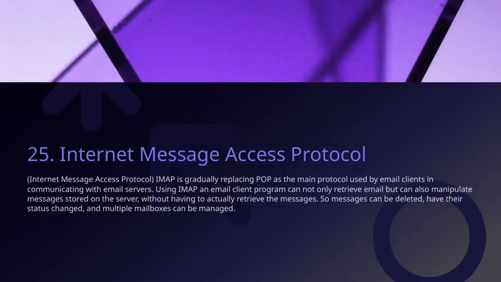This flexibility makes it much easier to organize and handle your emails efficiently, especially when you're using multiple devices. So, in the context of our overall discussion on email protocols, IMAP offers a more dynamic and synchronized way to manage your messages compared to POP.